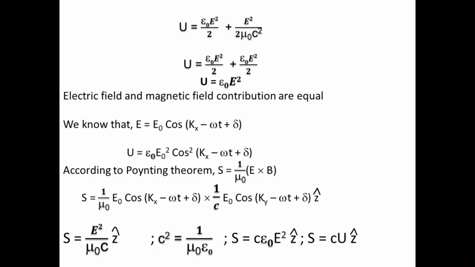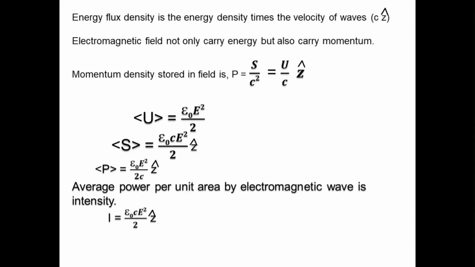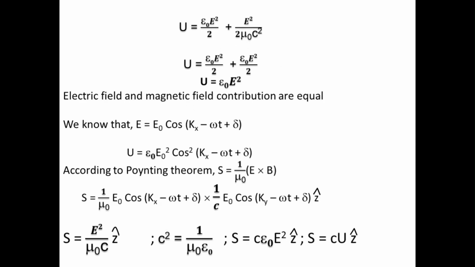So S I can directly write as E squared upon mu naught c z cap, and c squared we know is 1 upon mu naught epsilon naught. So the energy flux density S is equal to c U z cap. You can see the energy flux density is nothing but the energy density times the velocity of waves: c is the velocity of waves and U is the energy density.